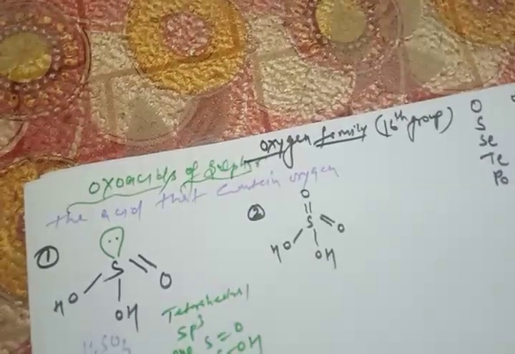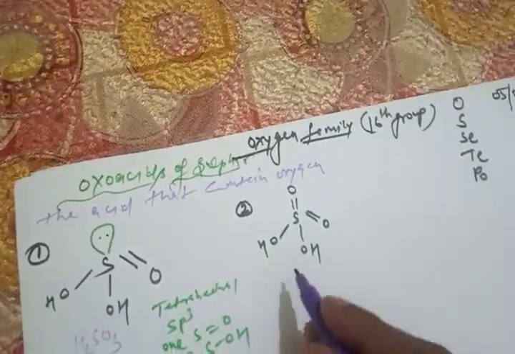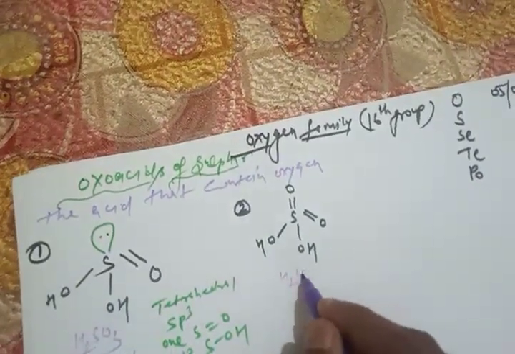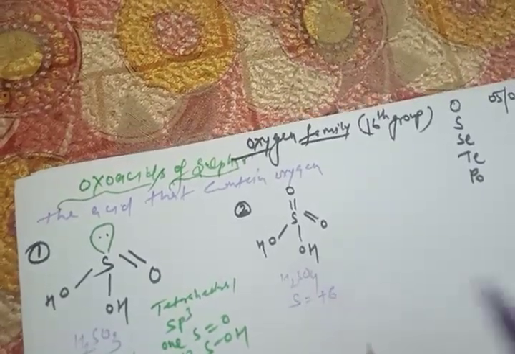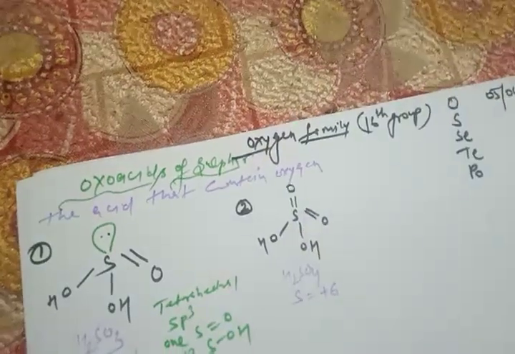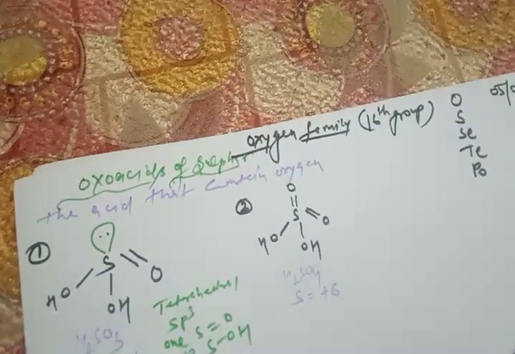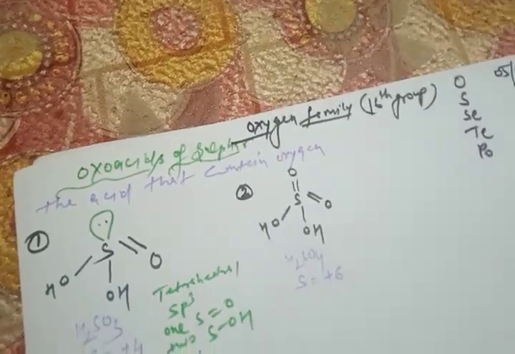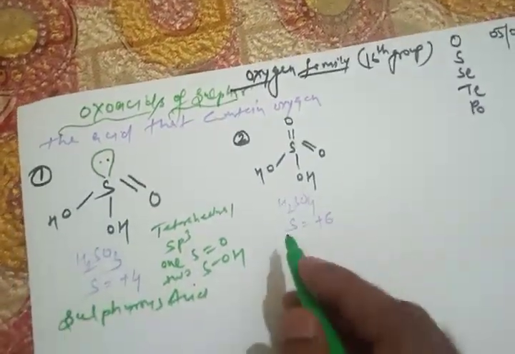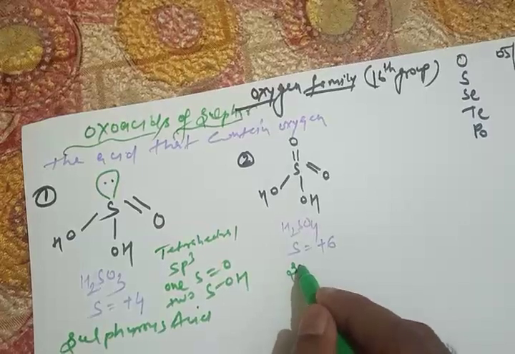So here the formula is H2SO4, the oxidation state is +6, 1 2 3 4 5 6, and this is called sulfuric acid.